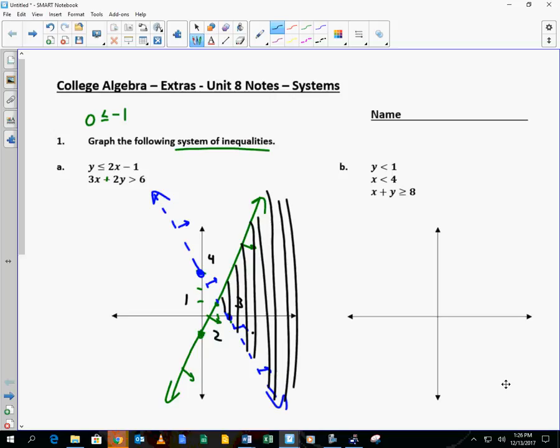It's a free country. Okay. You try B on your own. See if you can figure out B. Go.